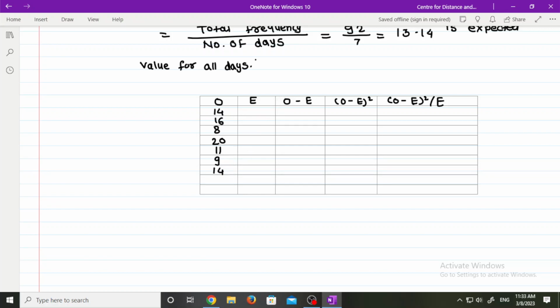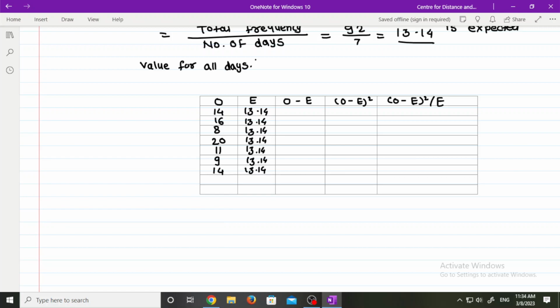E, that is the expected frequency, is 13.14 for every row.